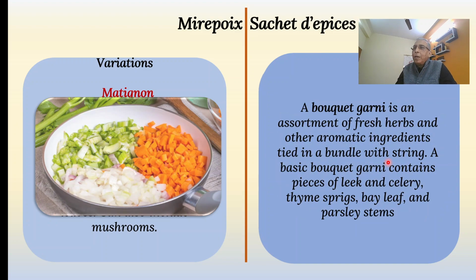Where is the bouquet garni? Now bouquet garni is an assortment of fresh herbs and other aromatic ingredients tied in a bundle with a string. A basic bouquet garni contains pieces of leek and celery, thyme sprigs, bay leaf, and parsley stem.